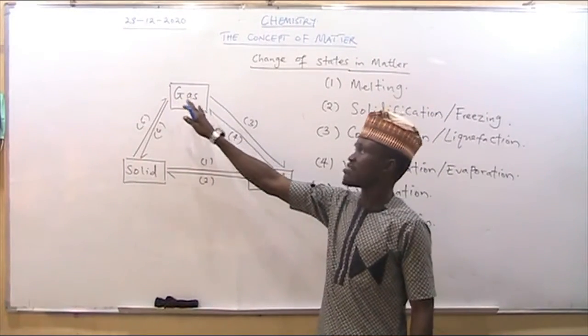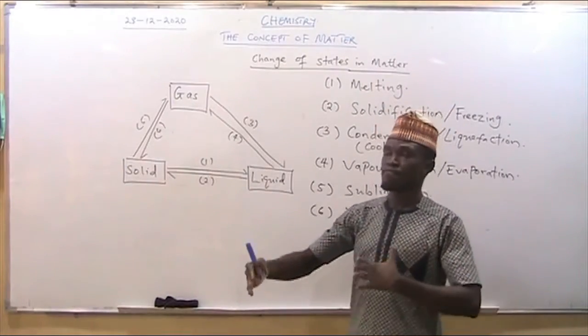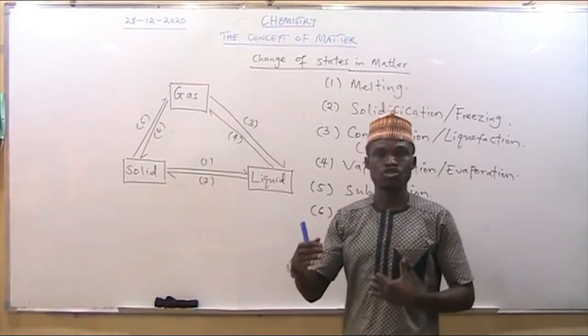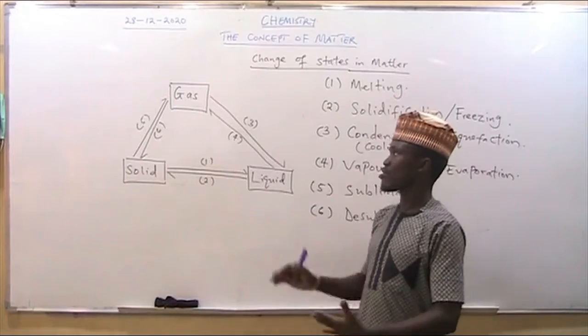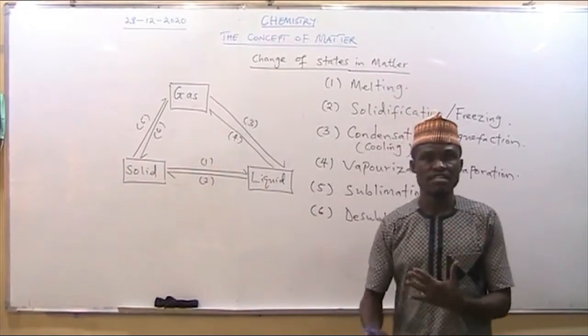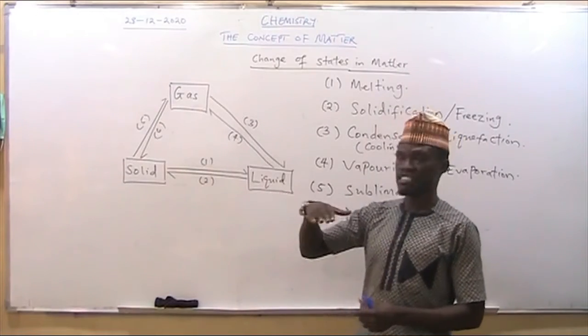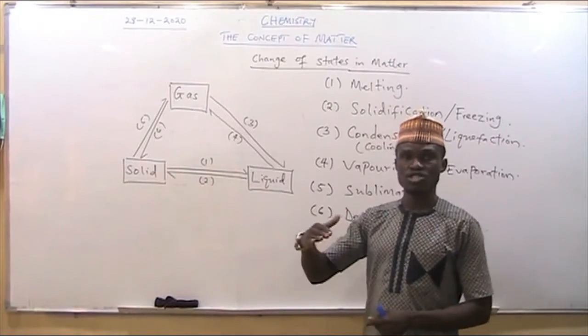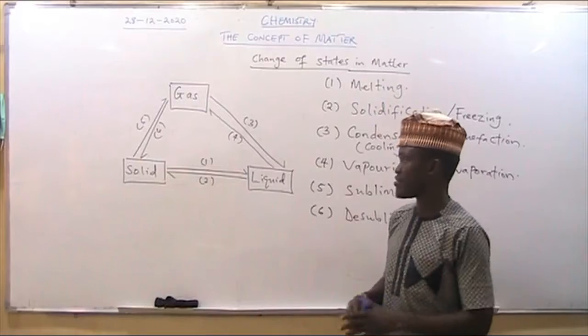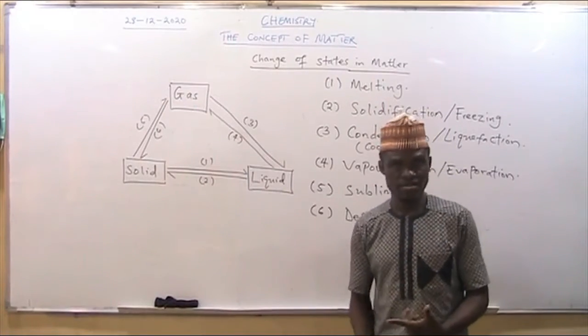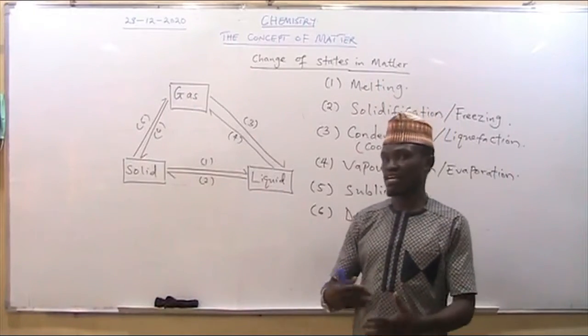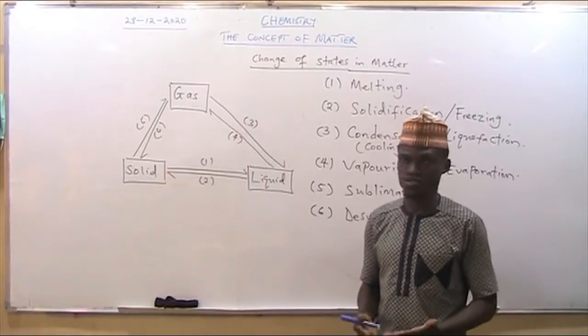Then when the gas kinetic energy starts dropping as a result of decrease in temperature, the gas molecules start transforming gradually back to the liquid state again. So that is another role temperature plays here also.